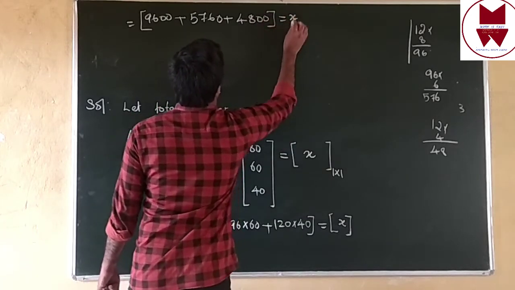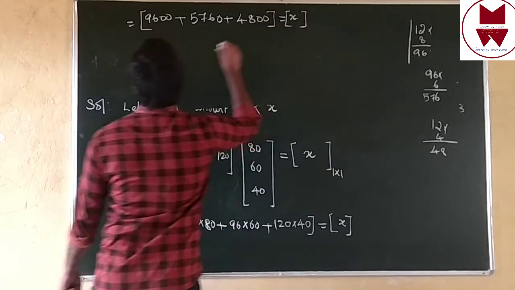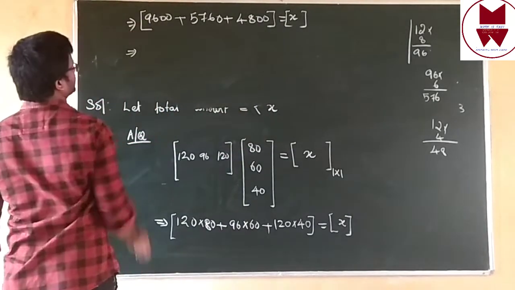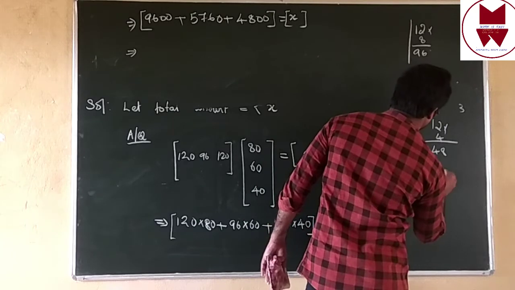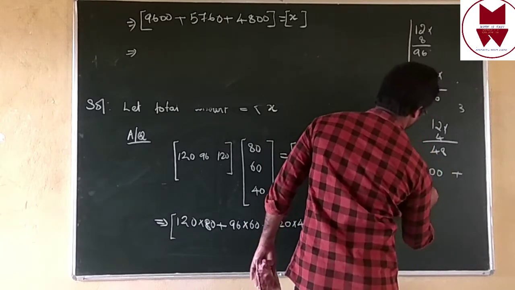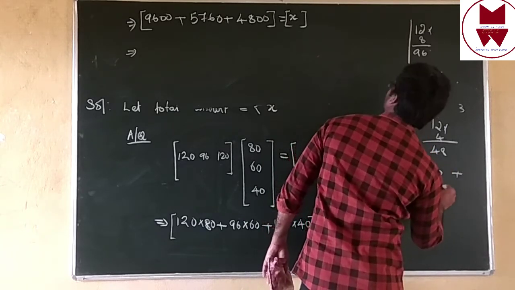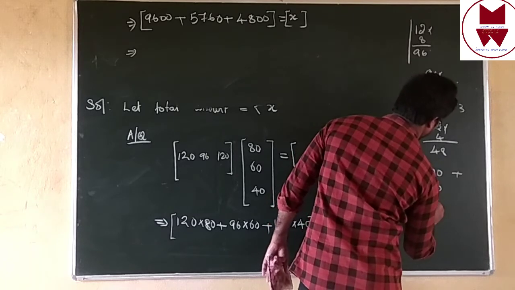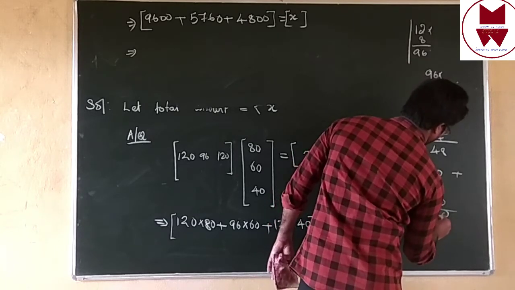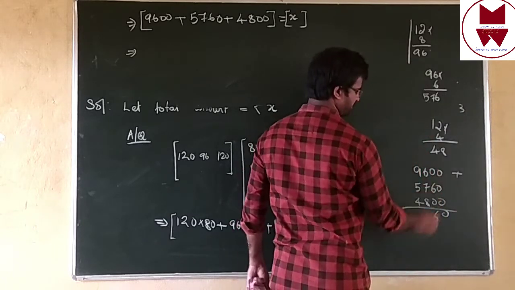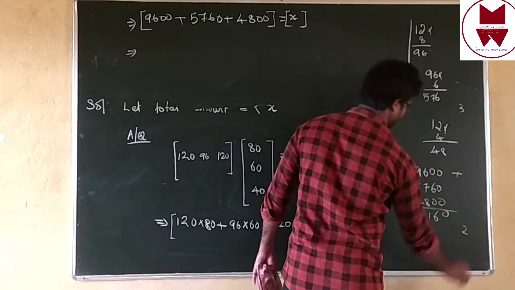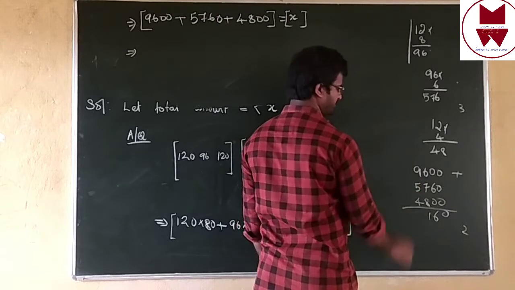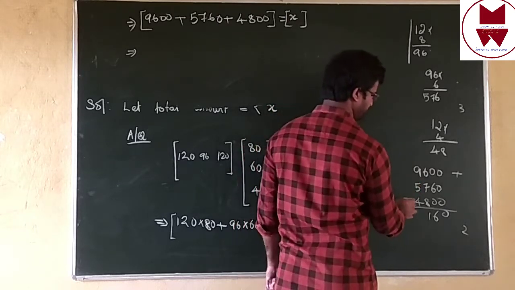Equal to. Then add all the numbers: 9,600 plus 5,760 plus 4,800.